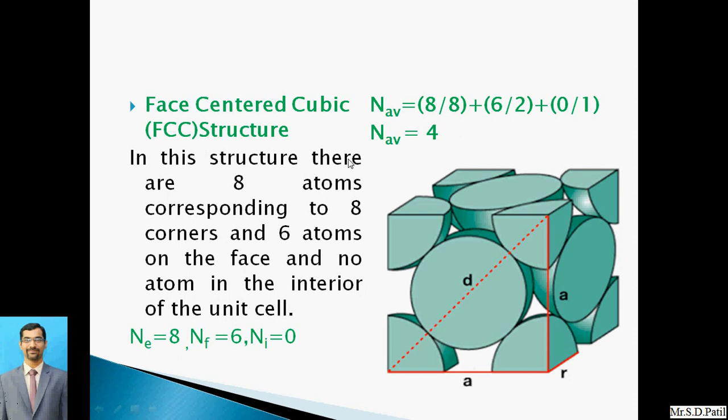In this structure, there are 8 atoms corresponding to the 8 corners, similar to the simple cubic structure, and for the face-centered structure, 6 atoms on the faces. On the faces we can see 6 atoms: 1, 2, 3, and opposite to this at the bottom 4, then the back fifth, and the back of this face is the sixth.